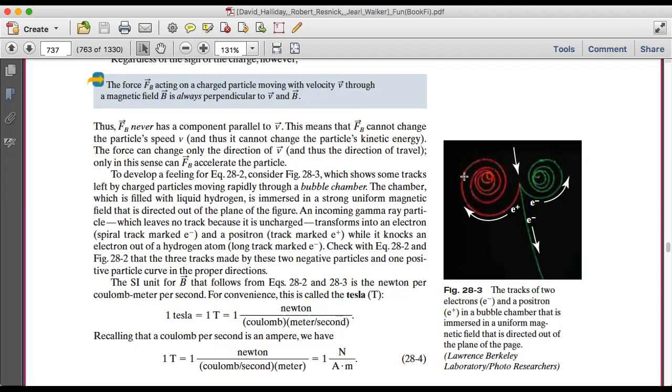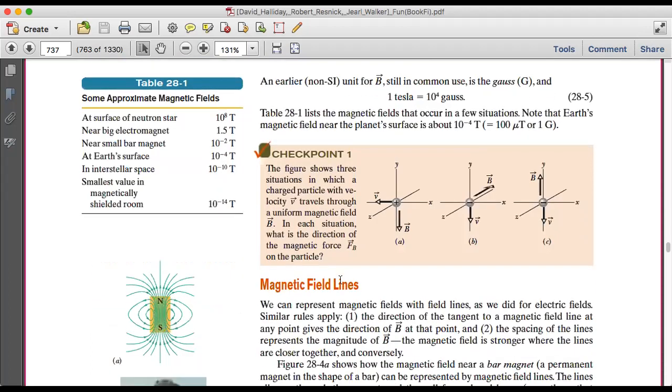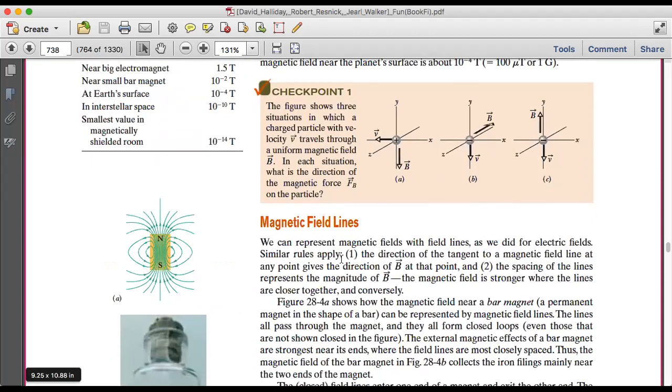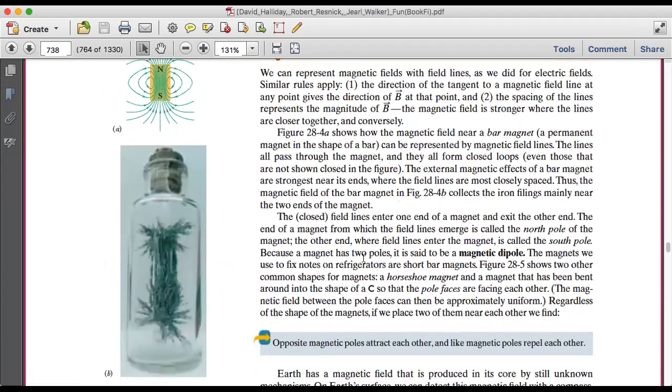These photons indicate the path of the high energy particle, like an electron or positron. So this is okay. It's already.